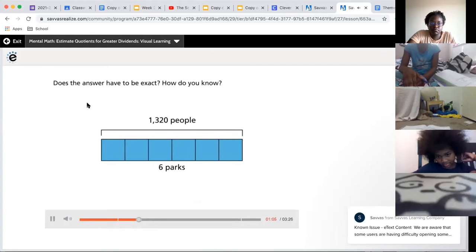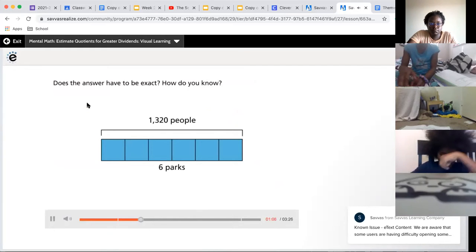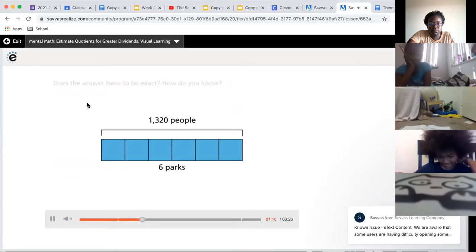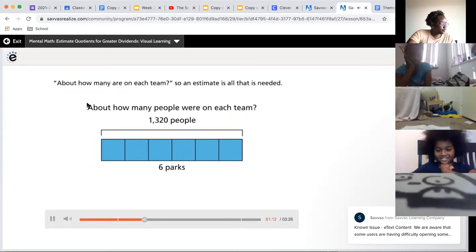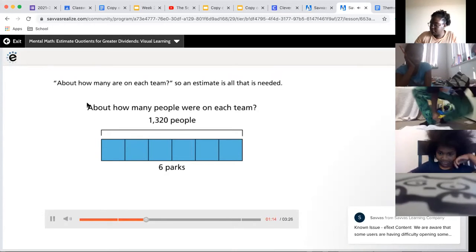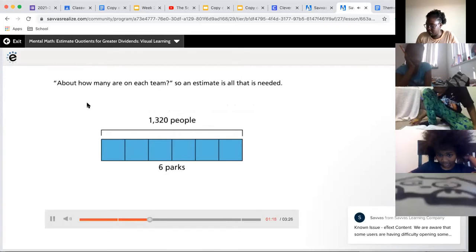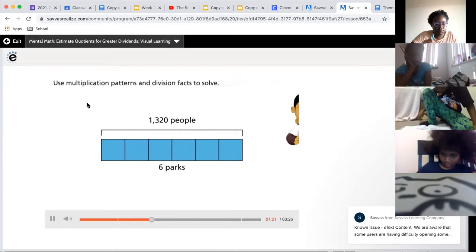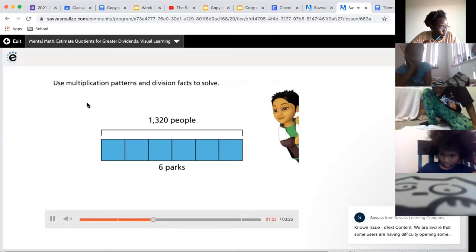Does the answer have to be exact? How do you know? The problem asks about how many are on each team, so an estimate is all that is needed. Use multiplication patterns and division facts to solve.